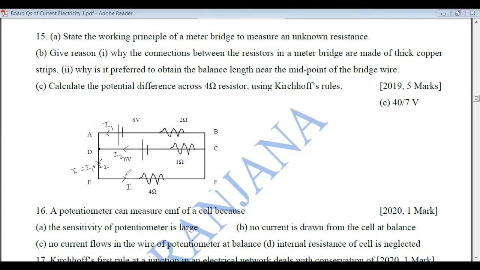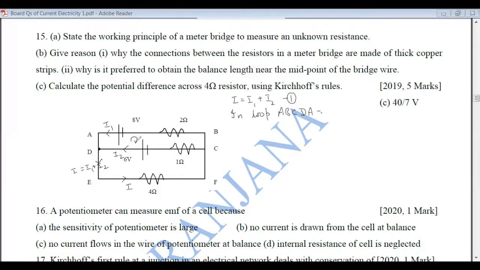So first we'll find out this I. At this junction, we apply the first rule, that is I is equal to I1 plus I2. Let this be equation number 1. Then in the loop A, B, C, D, A, let us apply the second rule.